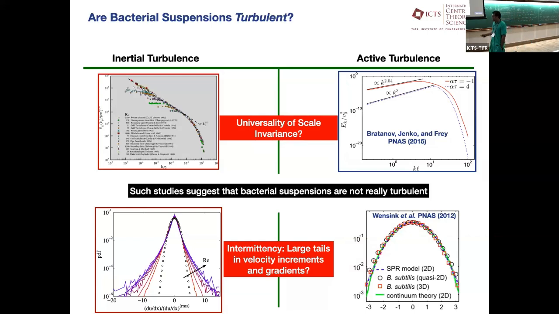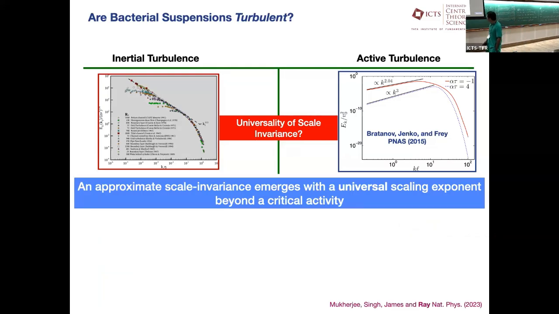Similarly, this is from Julia Yeomans and company, their work where they looked at the analog of these objects in their simulations and their experiments. I'll show more of this as we go along. What they find is a complete absence of these sorts of features.